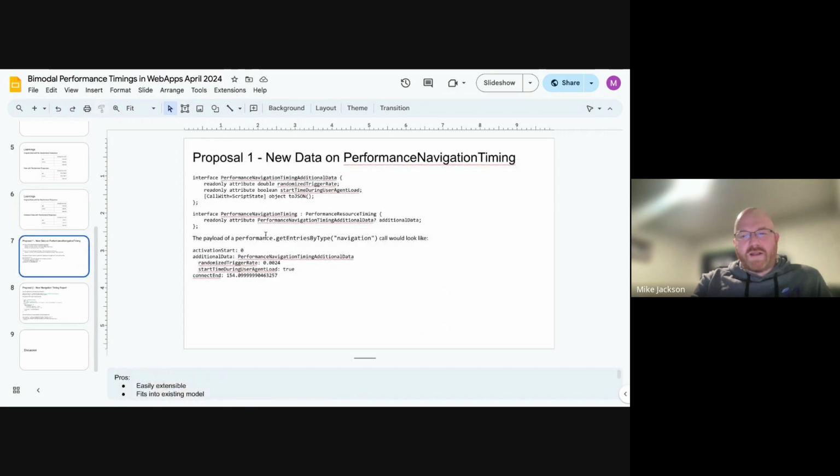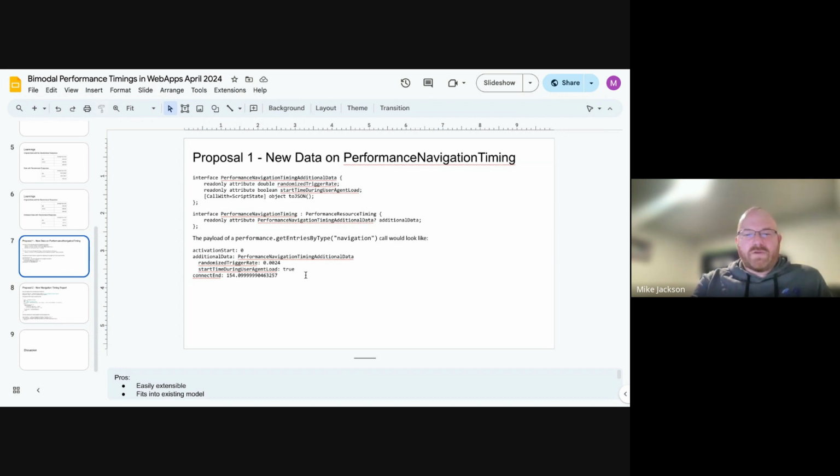So proposal one is, and again, subject to bike shedding and naming conversations and whatever else, effectively doing something like this, where we introduce a new object on the performance navigation timing object that captures any additional data that we think is useful, where all of that data has some sort of differential privacy algorithm applied to it.